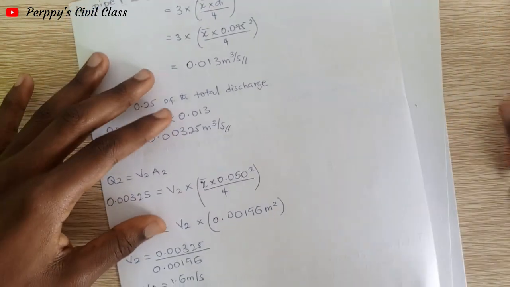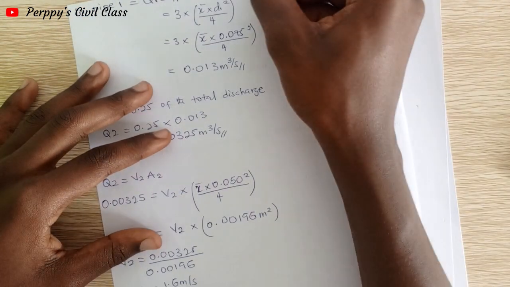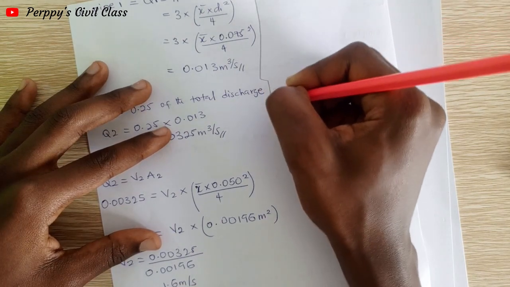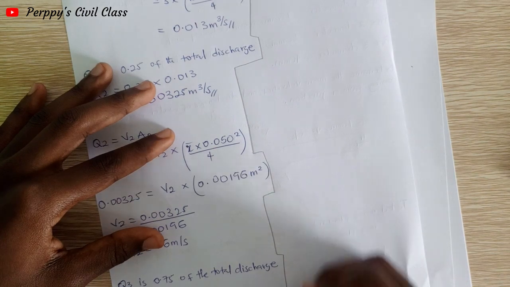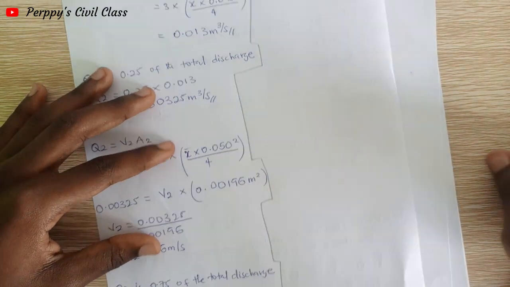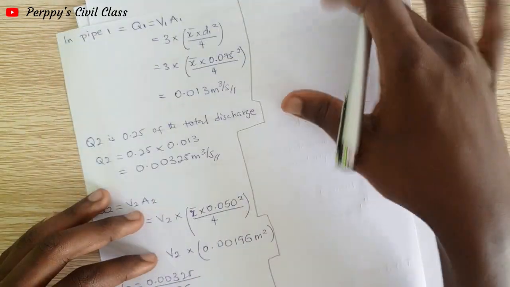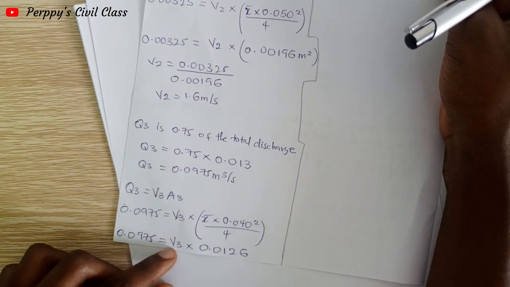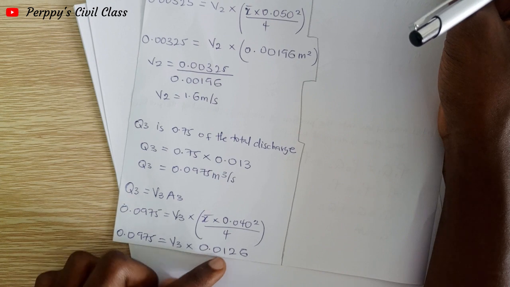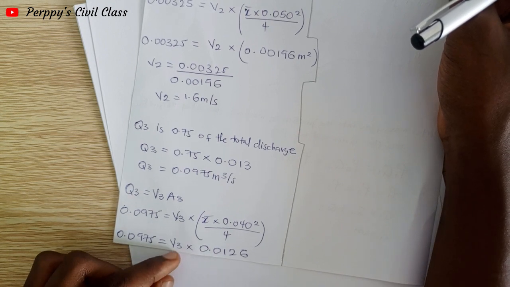So now we have to calculate for our V3. Let's make use of our sheets. So 0.00975 is equal to V3 times 0.00126. Now we have to make V3 the subject and calculate for V3.